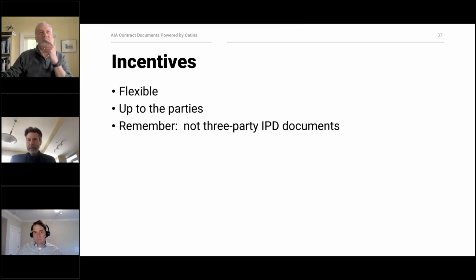Okay, let's talk a little bit about incentives. It's a misnomer to believe that the traditional documents don't have incentives in them. Every contract creates incentives, because if you're creating a document that results in an agreement between the parties, the fact that those parties have entered into an agreement creates various incentives.